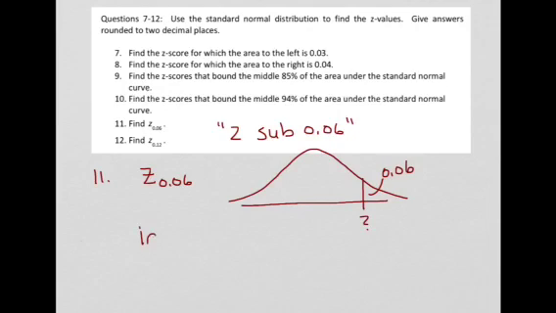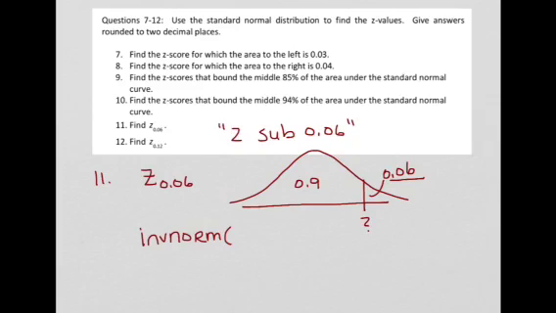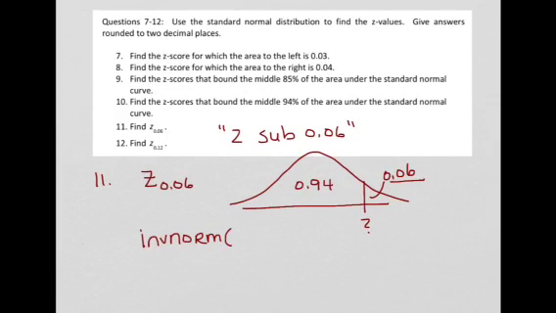So I'm going to find inverse norm, and if there's 0.06 on the right, that means there's 0.94 on the left, and so we're going to do inverse norm of 0.94. Now I could skip that part. I don't really need to know about the 0.94.